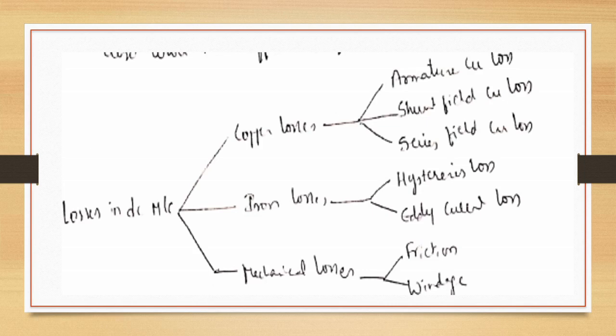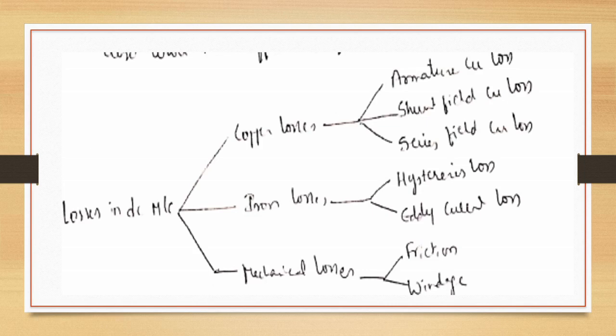Because of that, some losses will take place. The machine will not work properly, or we have to do the servicing or oiling of the machine. That is called windage losses. So losses are clear to everyone. Is this topic clear? Three types of losses: copper, iron, mechanical.